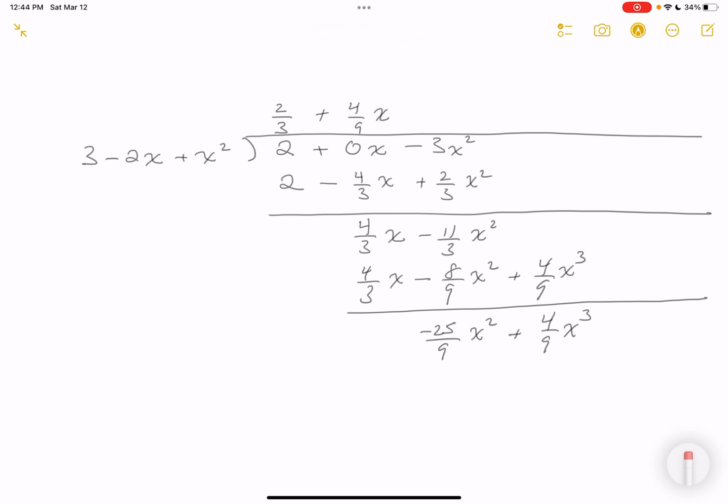And the next one I'm going to put down minus 25. I get my pen out again, sorry. Minus 25 over 27 x squared. Right, what do you get there? Minus 25/9 x squared. Let's see, 50.